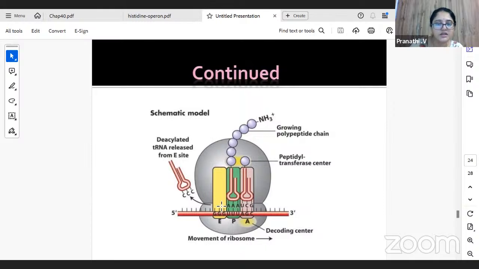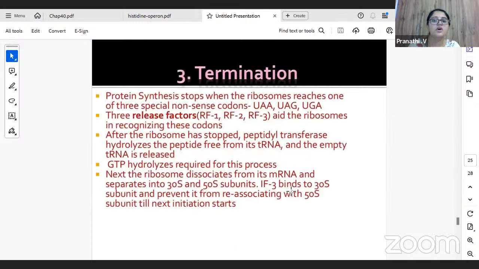So it goes into the exit site, from which the deacylated tRNA is released from the exit site of the ribosome. Again, you have different kinds of factors, that is release factors basically. So you have initiation factors IF1, 2, 3, elongation factors, and termination factors or release factors.